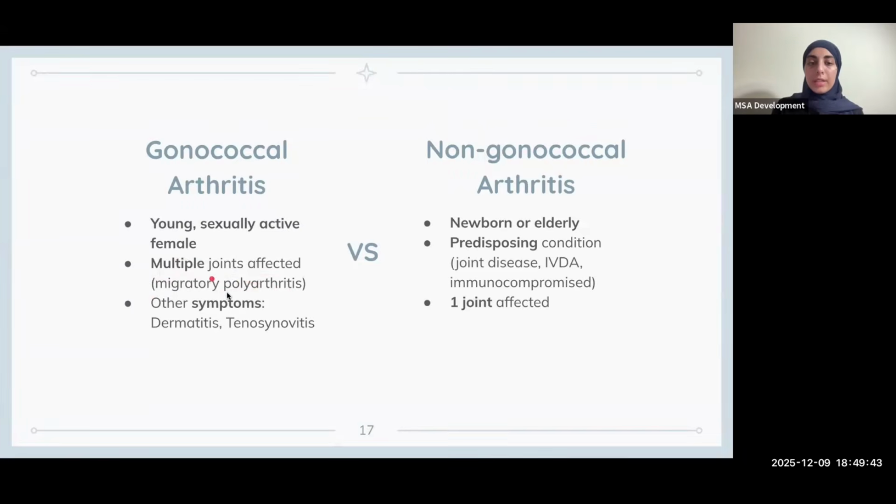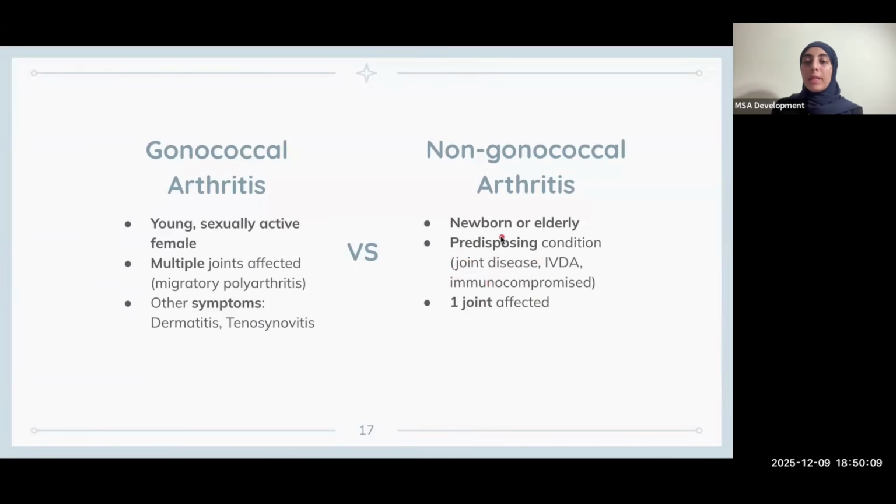And other than the arthritis, they can get dermatitis and tenosynovitis. Just think about it like the infection is disseminated throughout the whole body, so it can affect a lot of joints and can cause other symptoms other than the arthritis. For the non-gonococcal arthritis, this would be the more classic type. You would see it in someone with risk factors, as we said. So someone who has a predisposing condition like a joint disease or someone who's immunocompromised.